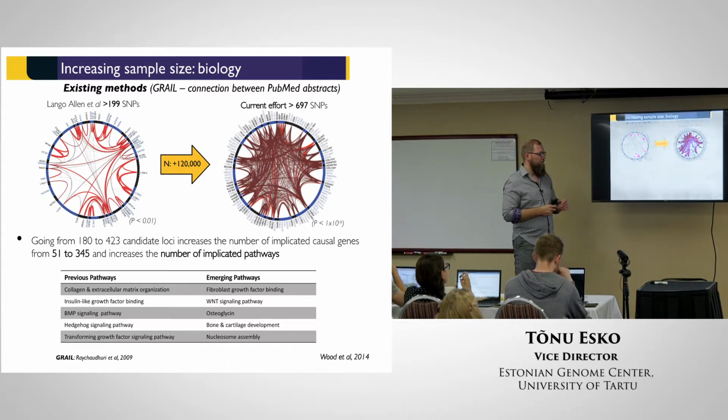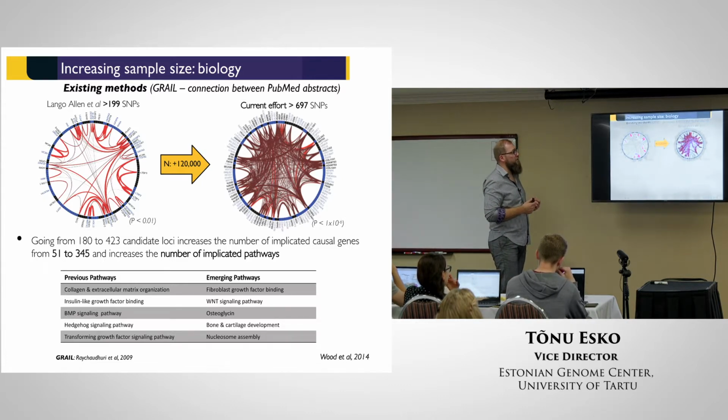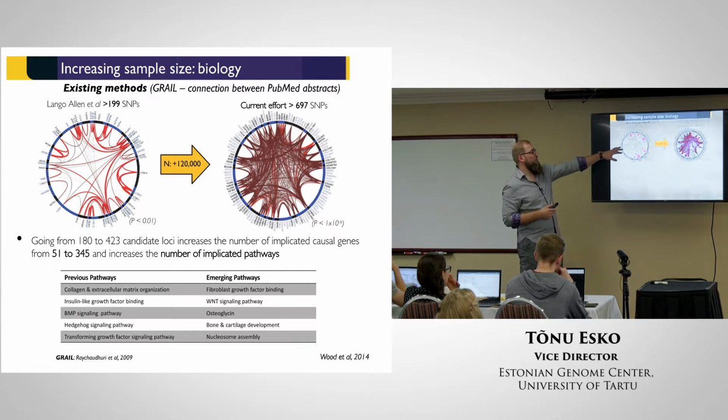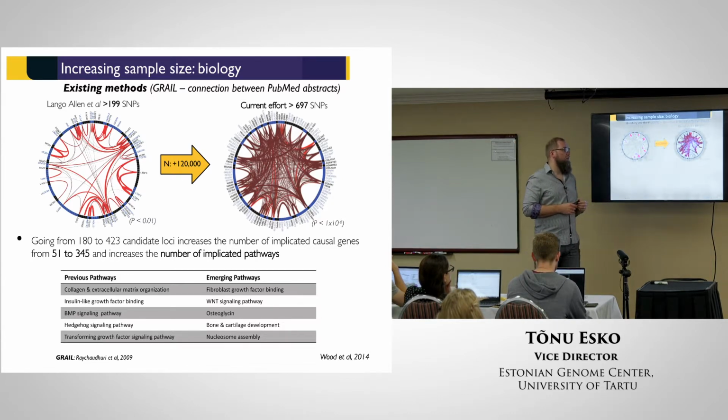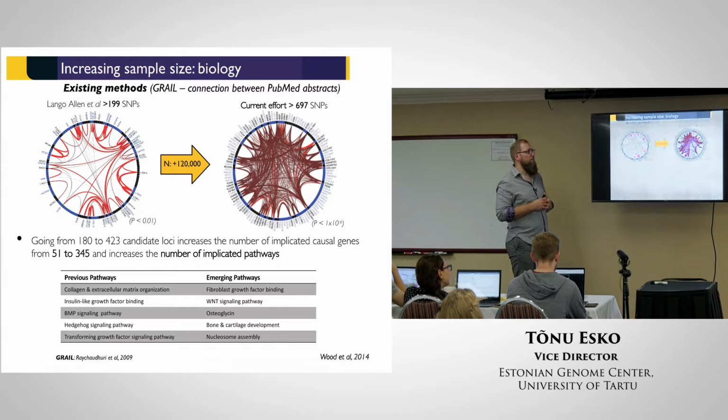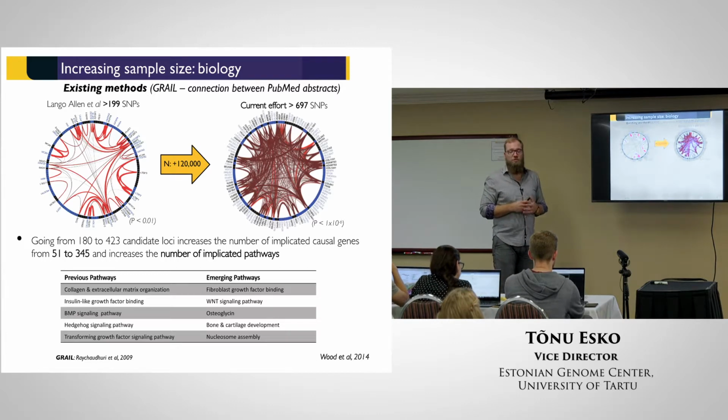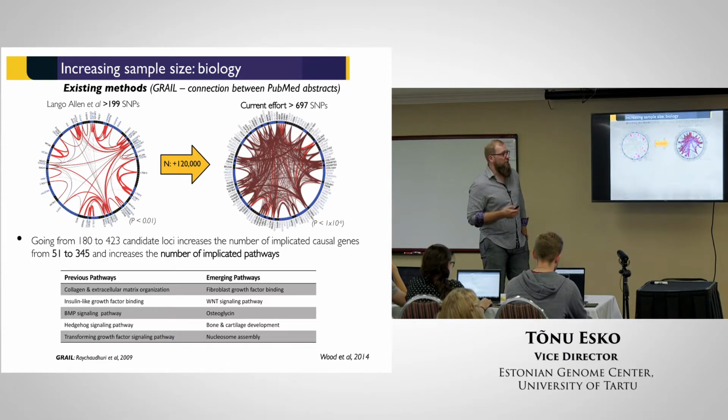This is an example from the height study where with just 200 loci you can prioritize some genes, but if you have substantially more loci, you can use the literature to prioritize more genes. But this tool is not very much used anymore because there is so much more knowledge that you cannot really use, because the GWAS is kind of biasing your literature mining tools.